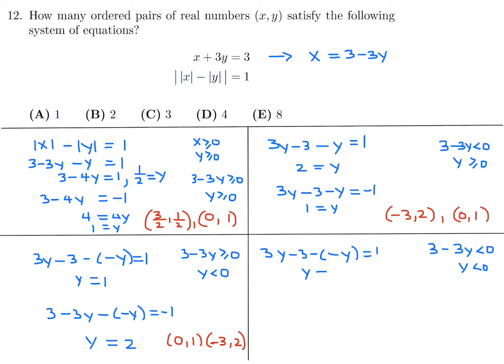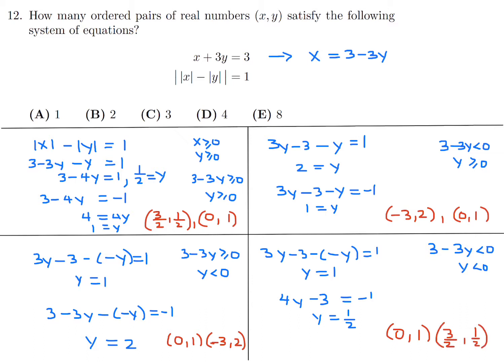That's going to give me y is equal to 1. And then the last one, it's just going to be 4y minus 3 is equal to negative 1. And that's going to give me y is equal to half. So this guy would be 0, 1 when you find out the x values, and 3 over 2, 1 half.